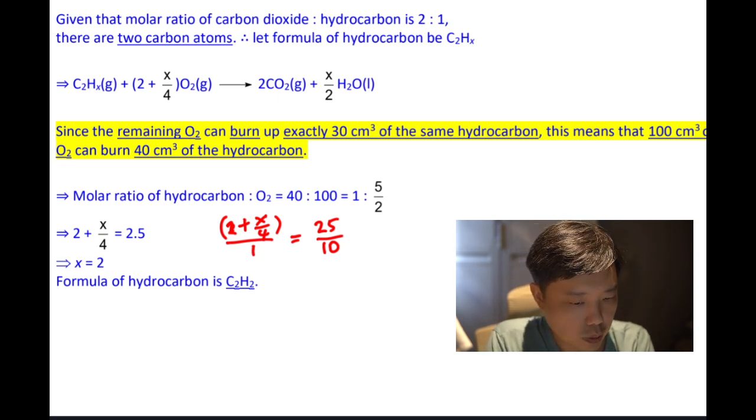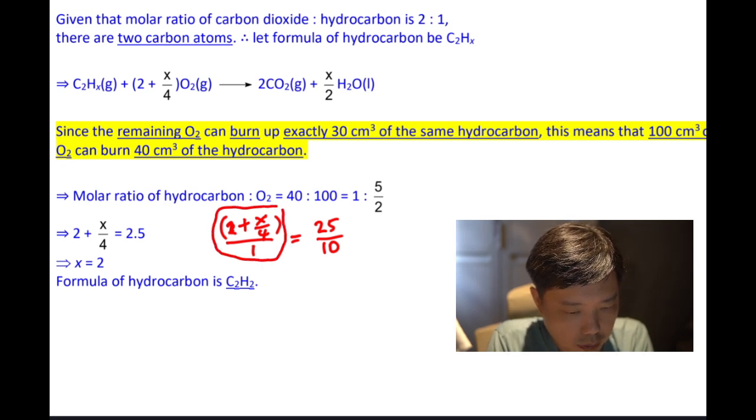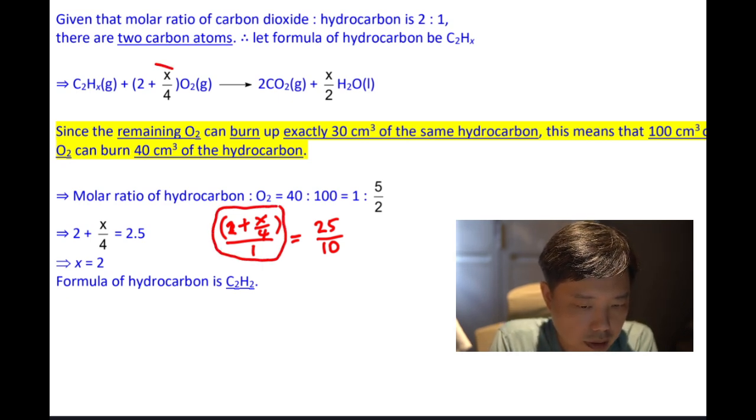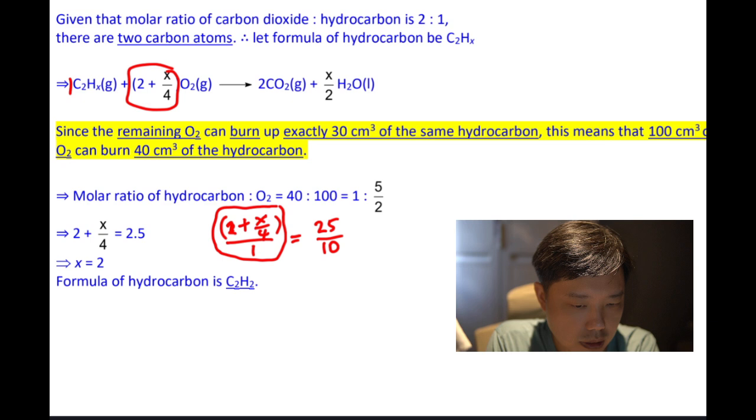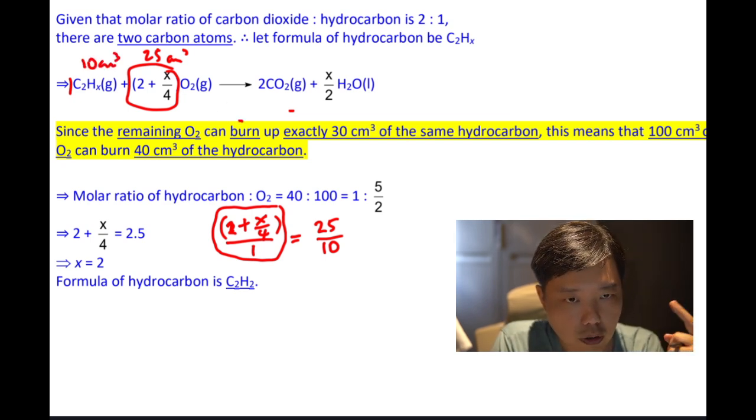So if you were to write out this ratio from your equation, this whole part over 1, and then the volume ratio is 25 cm³ used up over 10 cm³ used up for the first combustion.